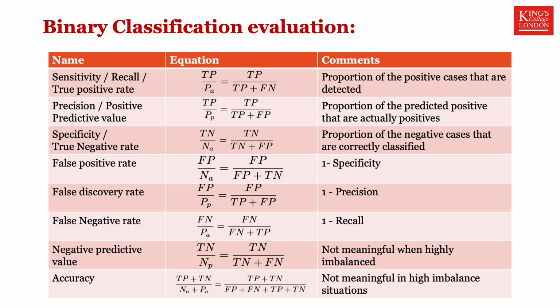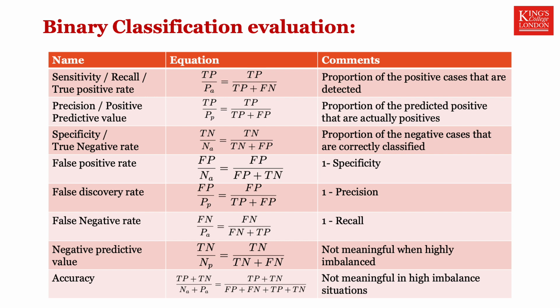And in turn, you have the negative predicted value. So among the predicted negatives, what is the proportion of truly negatives? But that's actually not usually very meaningful when you have highly imbalanced data, especially when you are doing small segmentations.